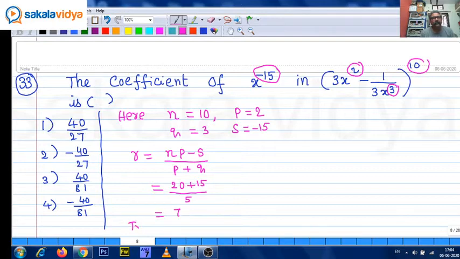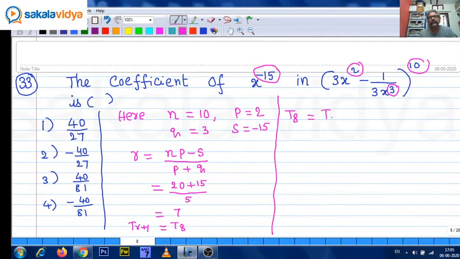That means T(r plus 1), the 8th term. The 8th term consists of x to the power of minus 15 coefficient. That means you need to find out T8.